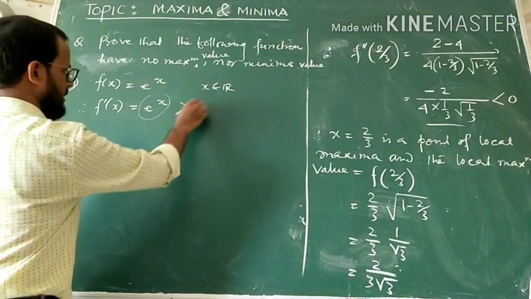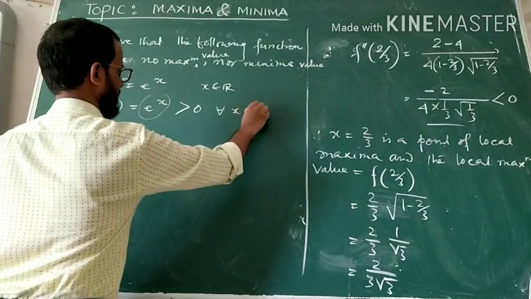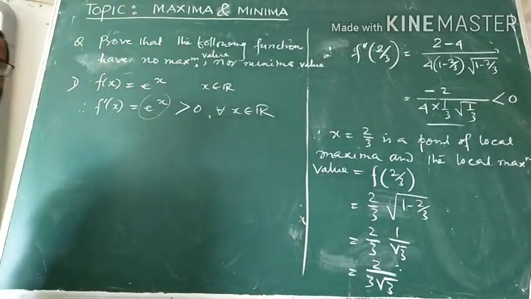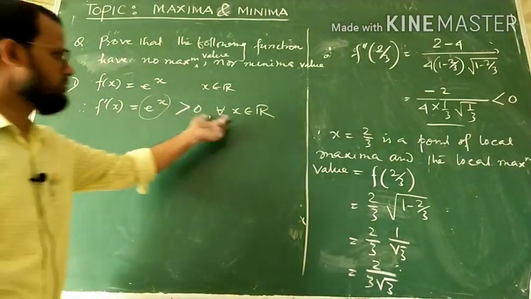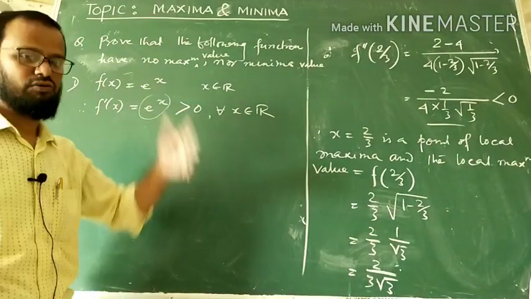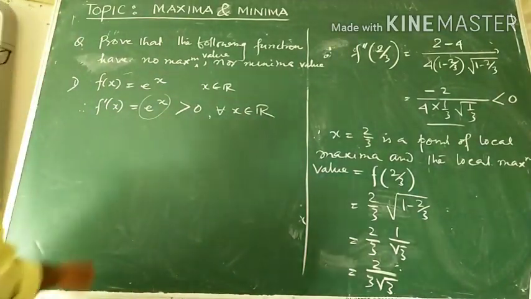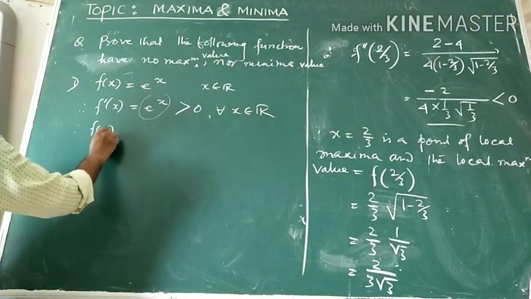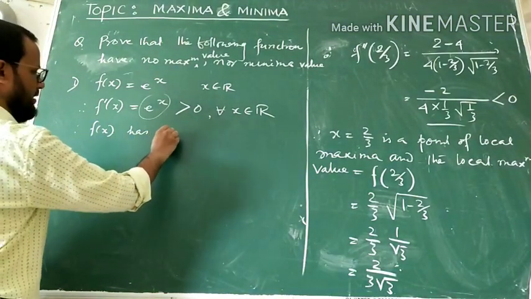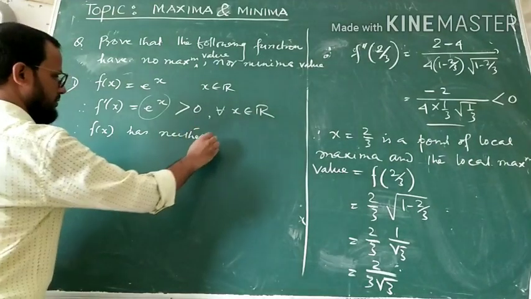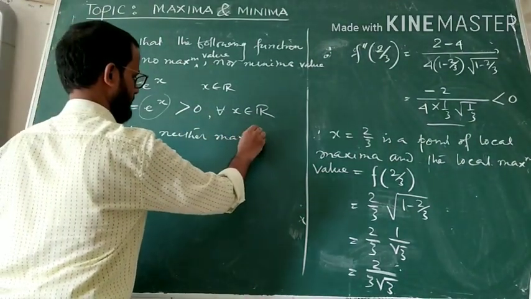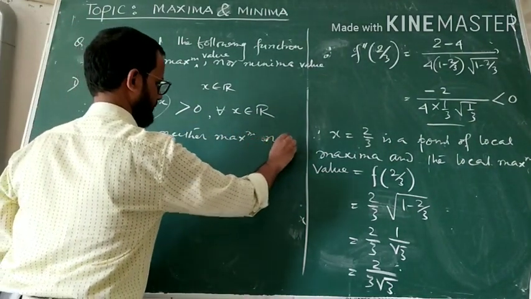So f dash x is greater than 0 for all x belonging to R. That means throughout the domain f dash x is never 0. When f dash x is not 0, there is no question of getting a maximum. Therefore you can say that fx has neither maxima nor minima.